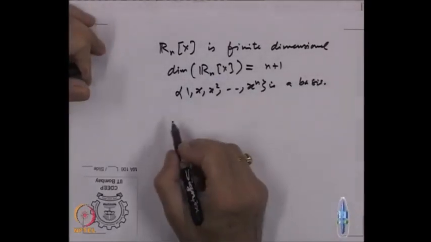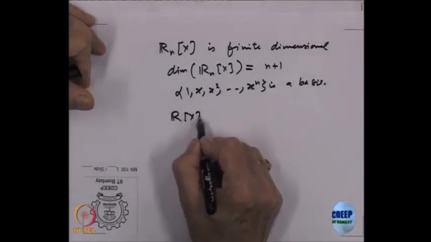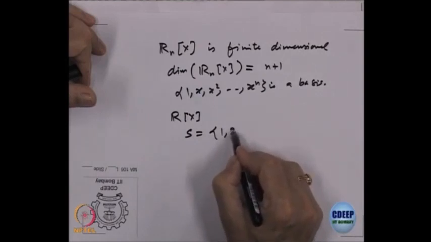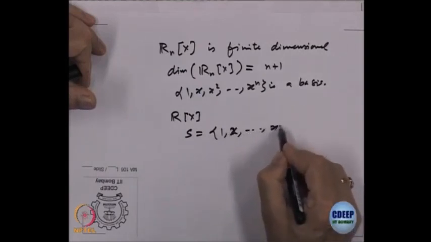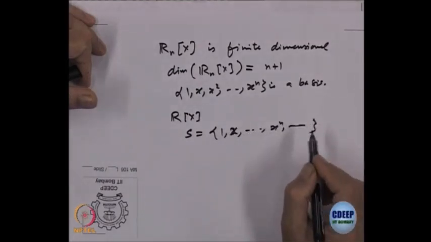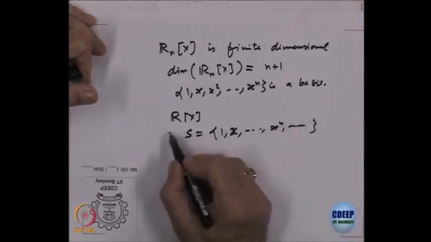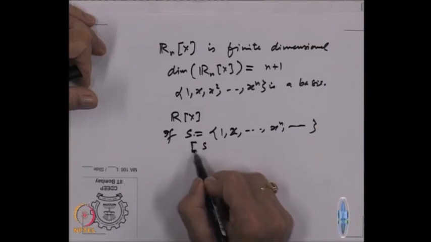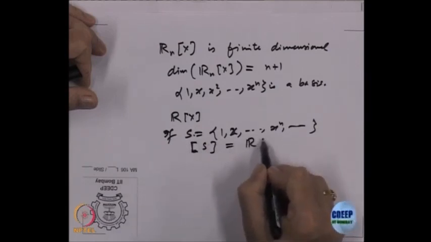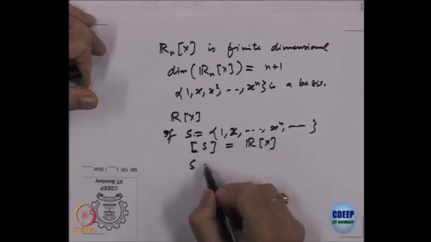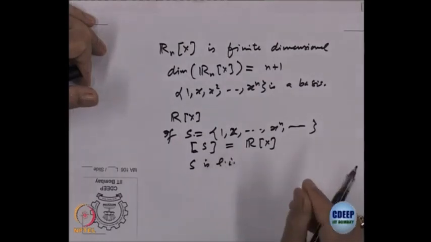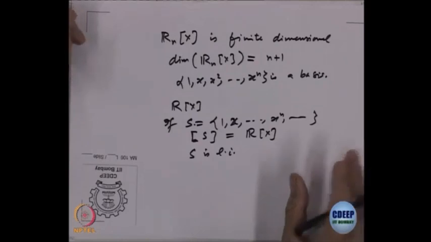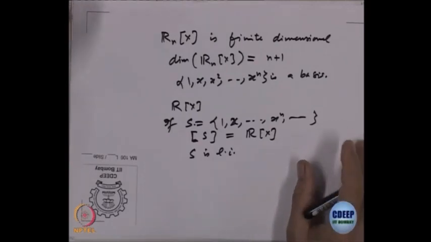Right. Let us look at R x. This was the generating set, right. So, if this is so, then L S, the span of S, is equal to R x, and we showed S is linearly independent also. Just now we showed it, right. Is it okay for everybody? It is linearly independent.